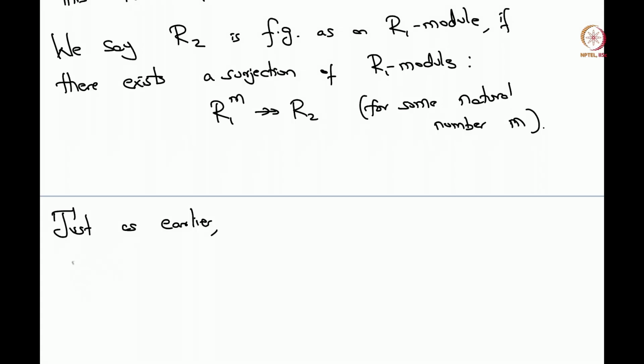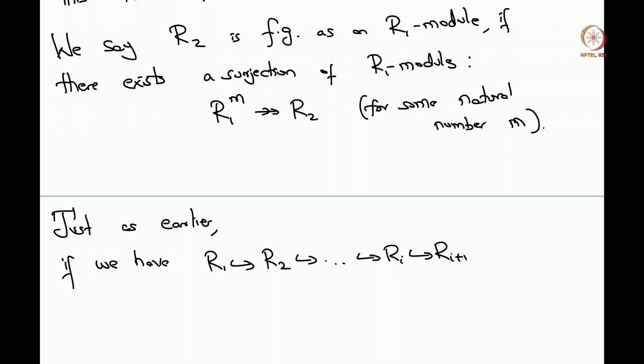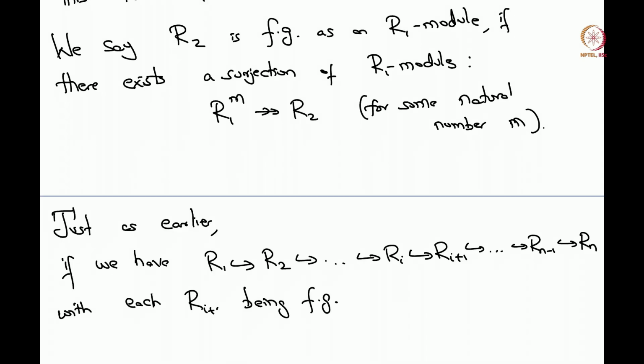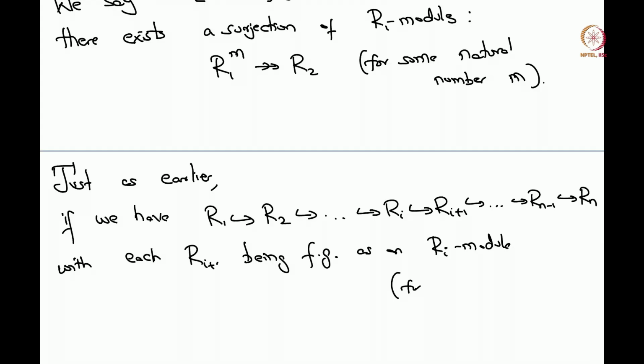Just as earlier, if you have a sequence of inclusions of domains, with each Ri plus 1 being finitely generated as an Ri module, then you can conclude that Rn is a finitely generated R1 module.